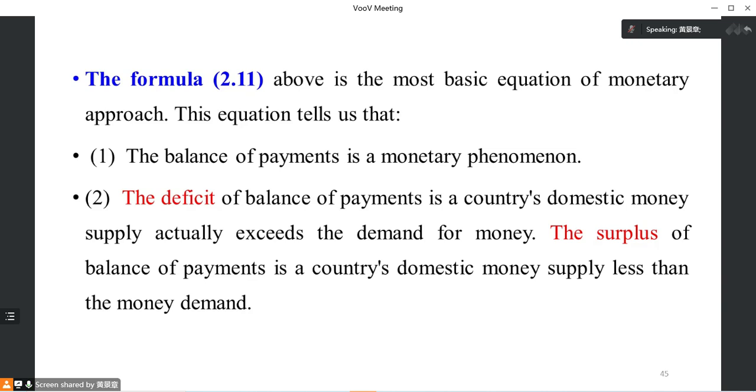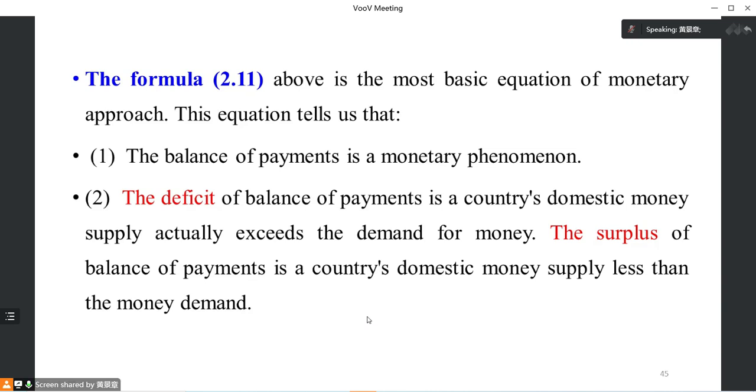So from the monetary approach, we can understand the current deficit or current surplus can be regarded as a monetary phenomenon.